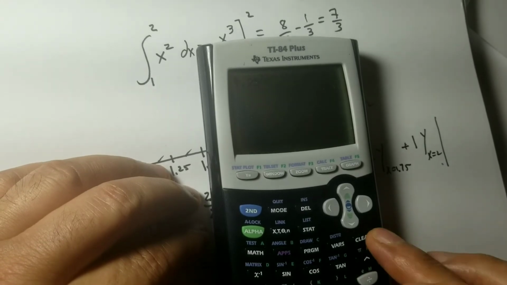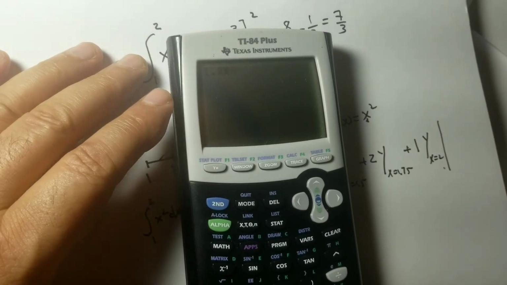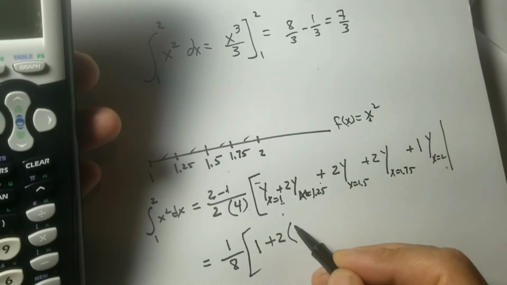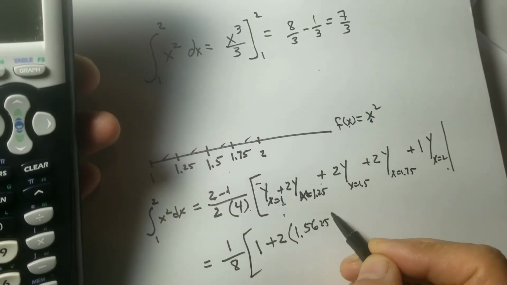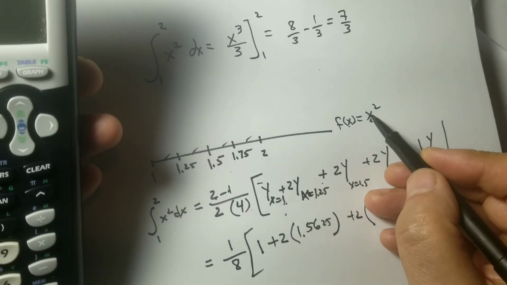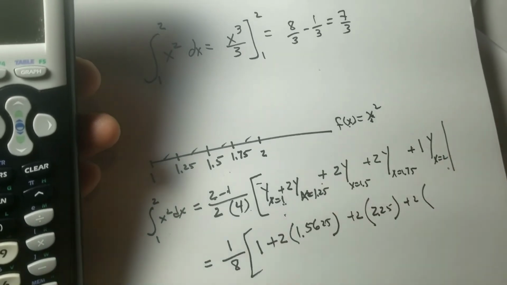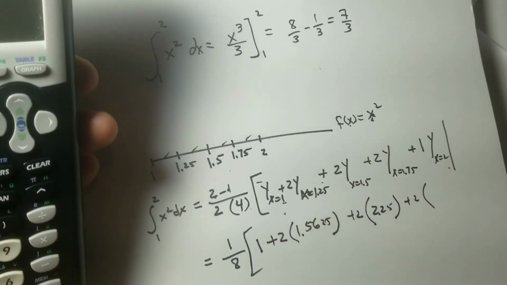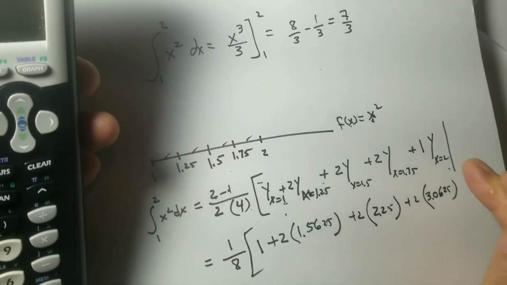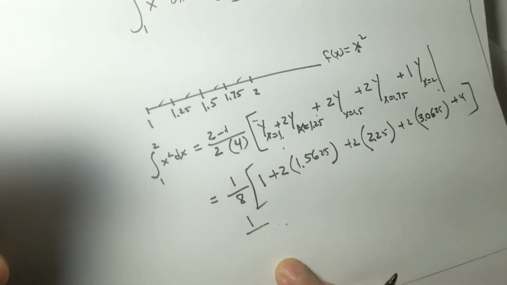Why do I square it? 1.25 squared is 1.5625, plus 2 times 1.5 squared, which is 2.25, plus 2 times 1.75 squared, which is 3.0625. 2 squared is 4. All over 8.